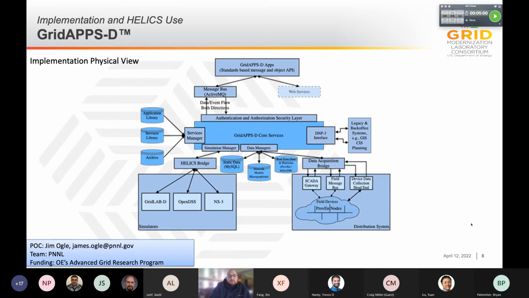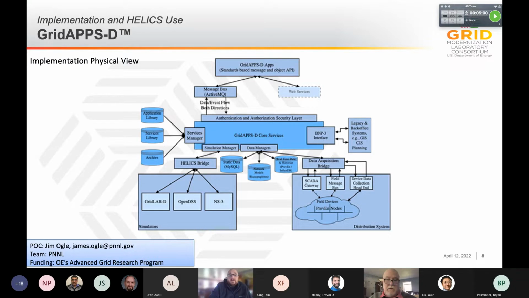And then what we've done with this application in terms of results is we had a big user meeting with a bunch of operators. We invited a bunch of utility operators to come in and use this test system that we had set up with a 9,500 node distribution model, which is an extension of the 8,500 node IEEE test feeder, with several solar and battery DERs.